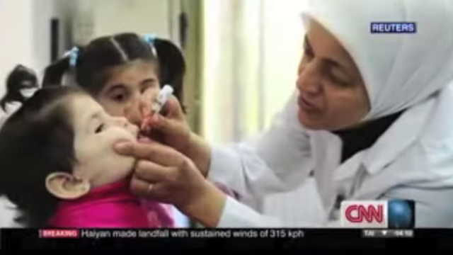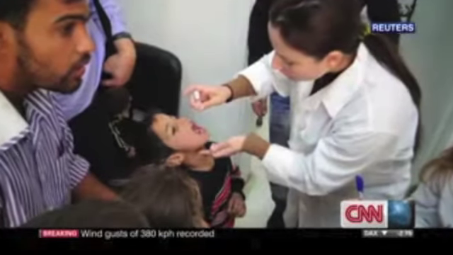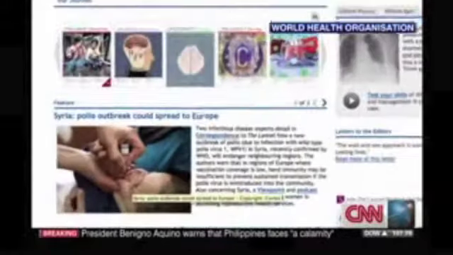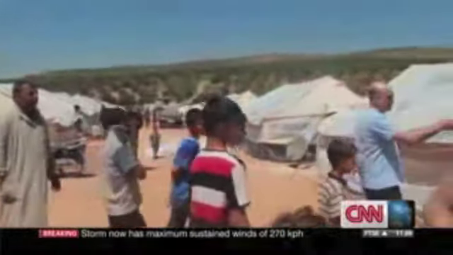The polio outbreak in Syria could pose a new threat to Europe, according to 2 German infectious disease experts. In a letter written to the medical journal The Lancet, doctors Martin Eichner and Stefan Brockmann warn that the virus may well spread to Europe as thousands of Syrians flee the civil war. There may be a risk of importing the infection into European settings.